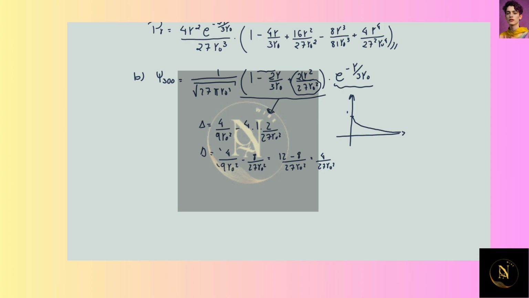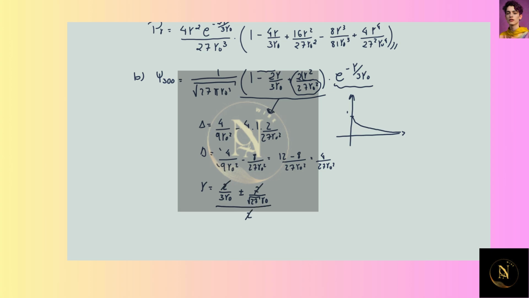Now the roots are r equals minus b, so 2 over 3 r0 plus or minus the square root of delta, which is 2 divided by the square root of 27 r0 divided by 2.